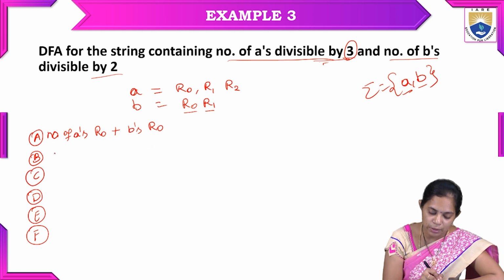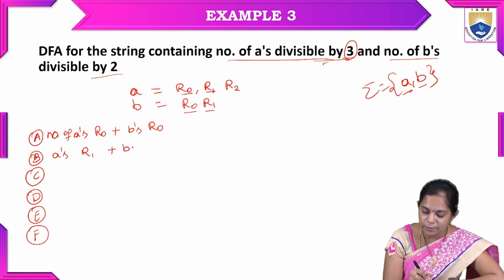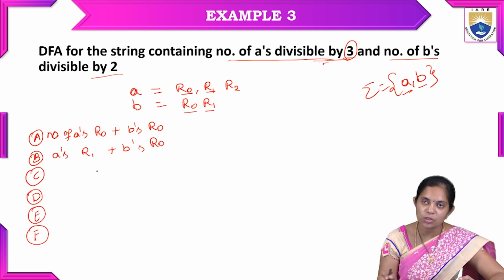So we write all the possibilities. We first write R0 and then R1, and for B's the same, R0 and R1. These are all the possibilities for the construction of this string.